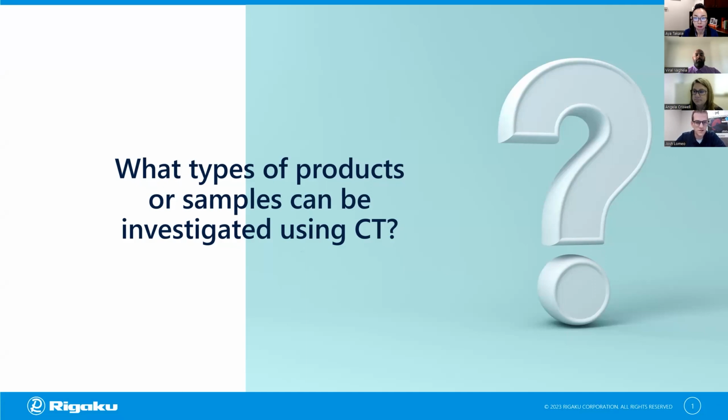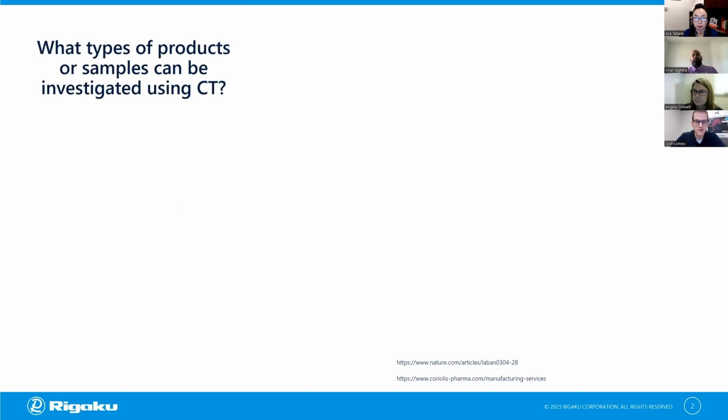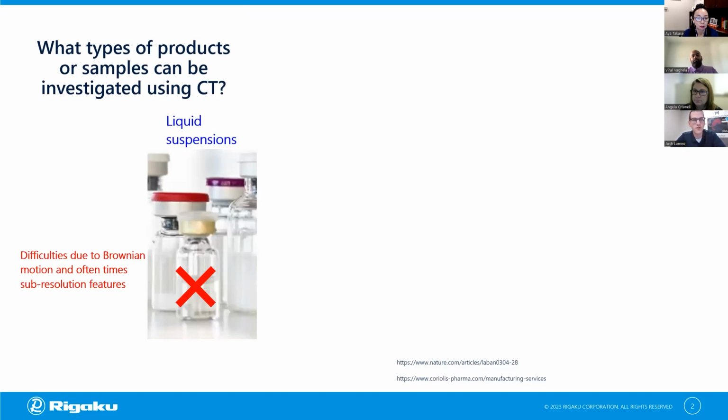Yeah, that's a really excellent question and really key to designing our experiment and where we start thinking about applying this type of analysis. I want to first start off with where we typically don't apply CT analysis, and a common area that comes up is liquid suspensions. One of the difficulties here is the length of the CT scan and the relative mobility of the sample.